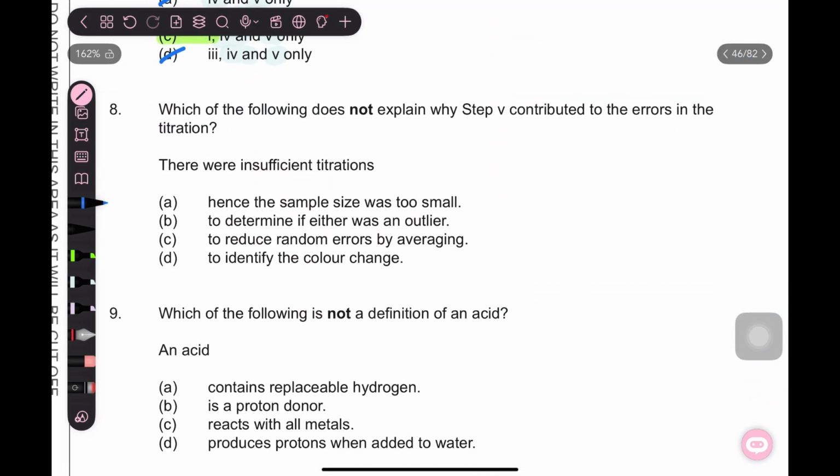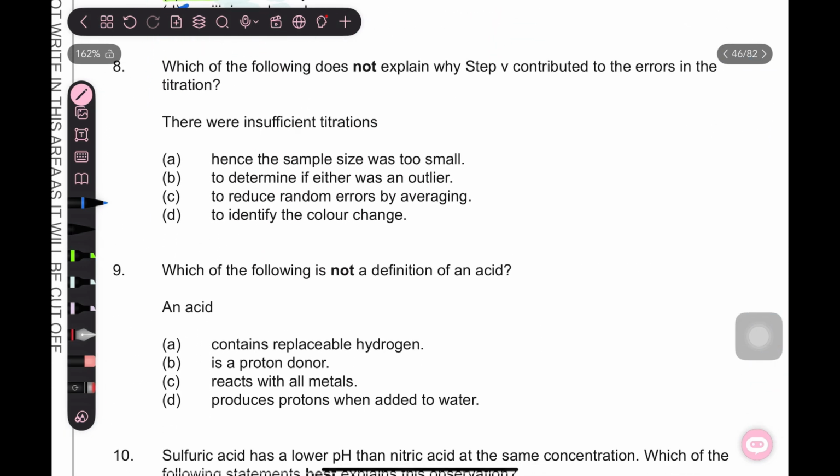Okay, question 8. So we're saying which of the following does not explain why step 5 contributed to the errors. There were insufficient titrations leading to the sample size being too small. That is true, so that's not the answer because we're explaining why it's not. To determine if either was an outlier. Once again, this is true. This is the purpose of doing multiple titrations. And to reduce the random errors by averaging.